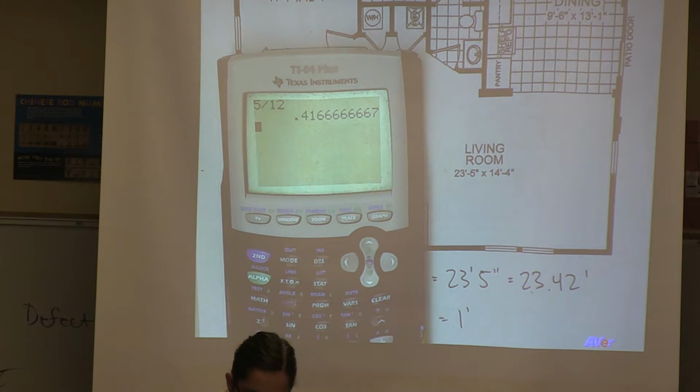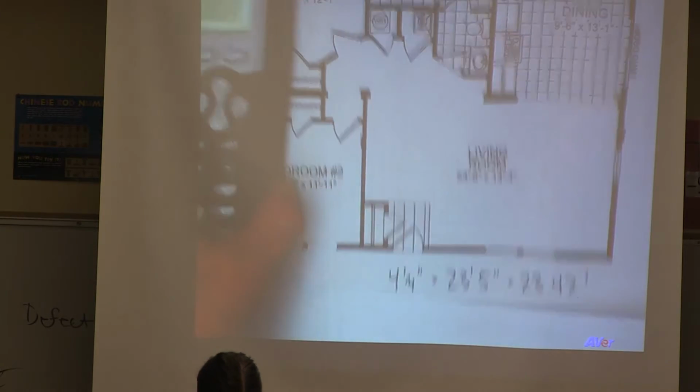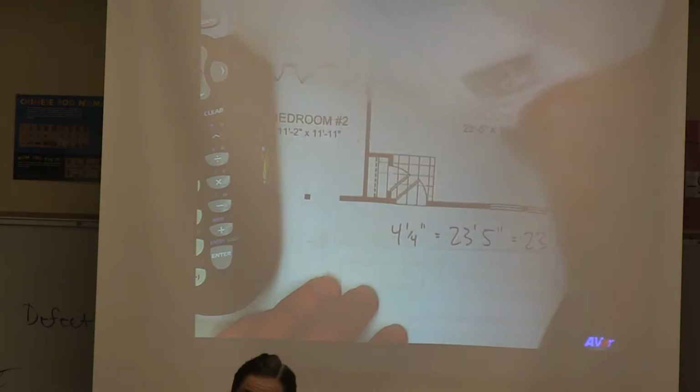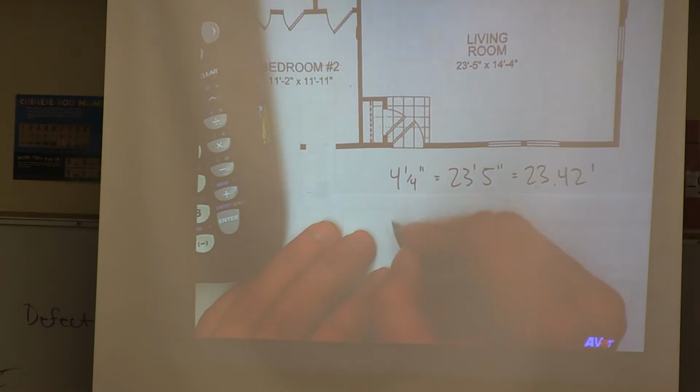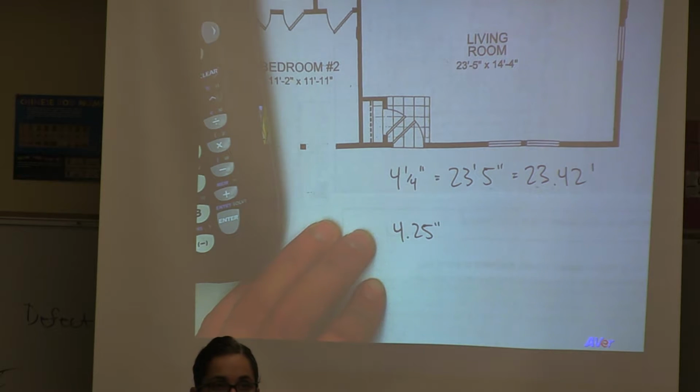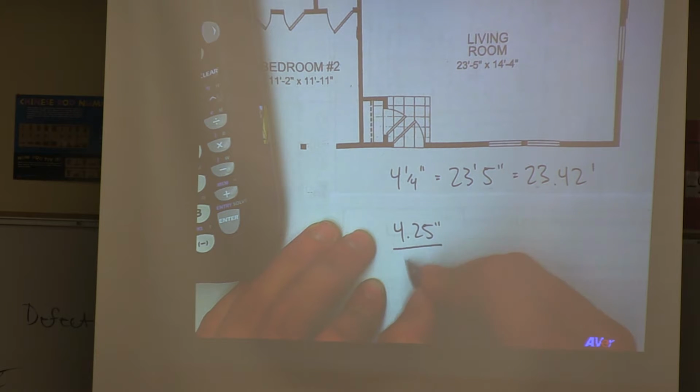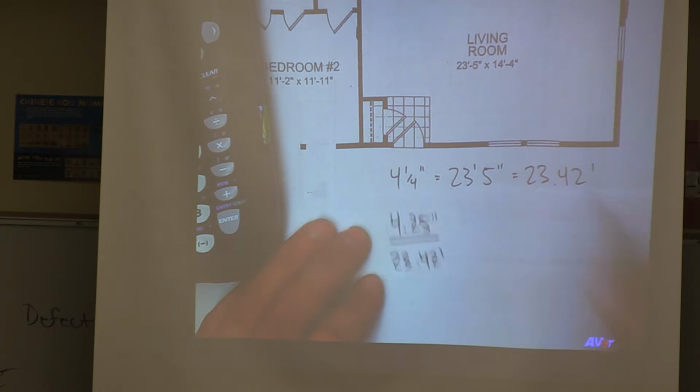This next one maybe is a little easier. How do I turn 4 1/4 into a decimal? So I really have 4.25 inches for every 23.42 feet.